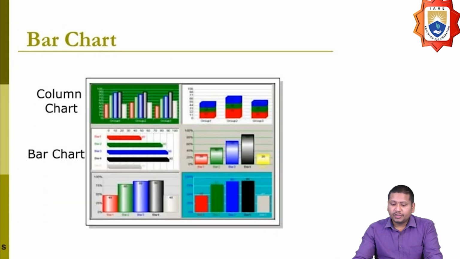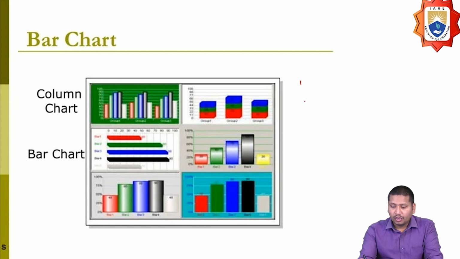So these are some of the different types of bar chart we are going to have: the column chart and the bar chart. The column chart we can represent in vertical and horizontal forms, and also in different forms.